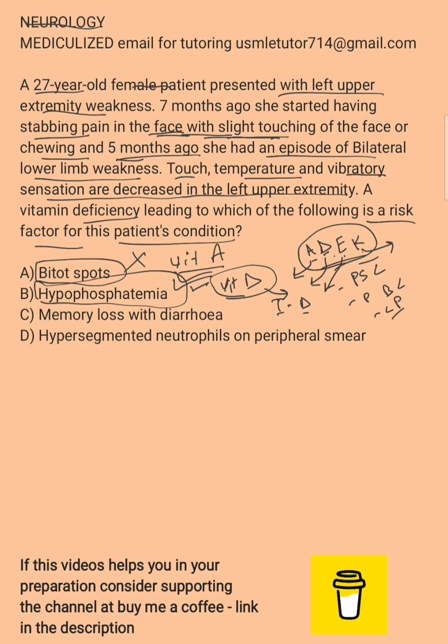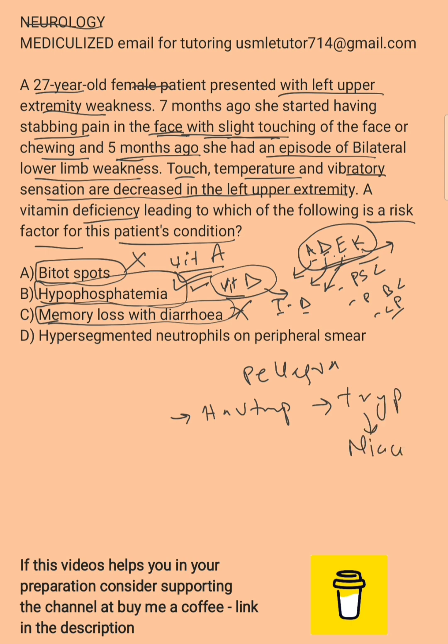And then memory loss with diarrhea, this is the wrong answer. Here they are talking about niacin deficiency, which is pellagra. For pellagra, remember 3 things they like to test on: Hartnup disease. In Hartnup you get a lot of loss of tryptophan, and tryptophan is a precursor to niacin. So if niacin is deficient, you get pellagra. So niacin in Hartnup is lost.